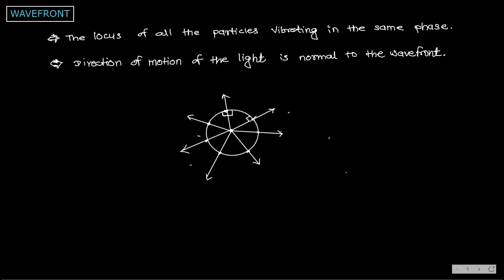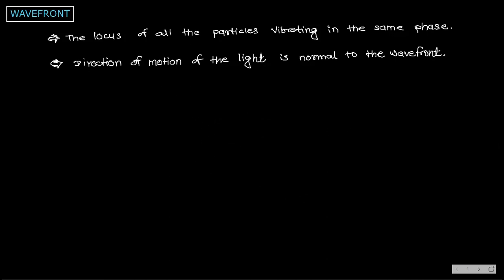So this is the propagation of light, perpendicular to the wavefront. Any doubt? You see how light is propagating perpendicular to this wavefront. Clear? So direction of motion, this also you understood, and how it is perpendicular to the wavefront, that also I have shown you in the diagram.